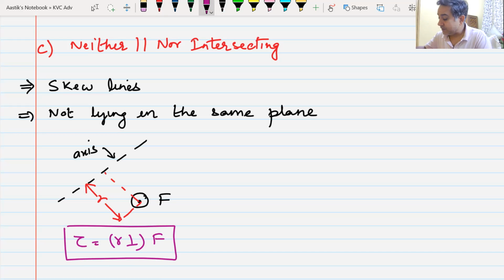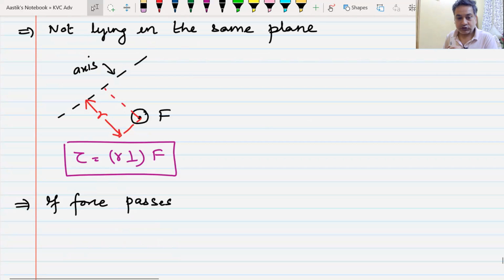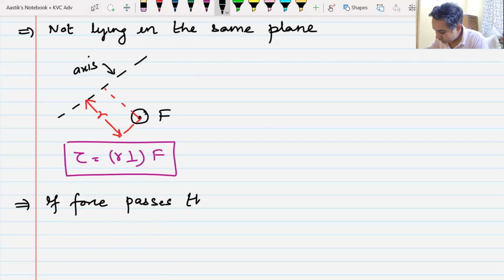One more important point. I think we have written it: if a force passes through a point, then I told you the torque of the force about the point O is 0. Yes or no?